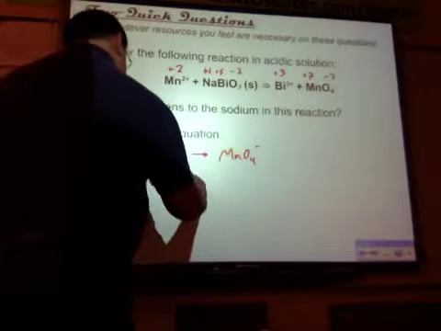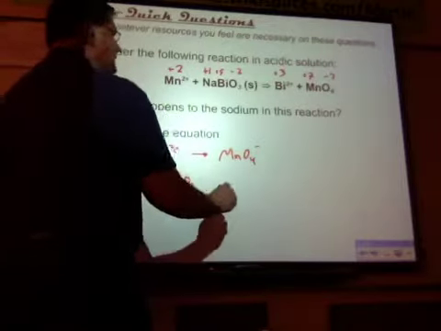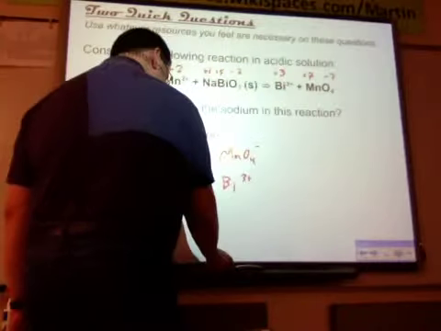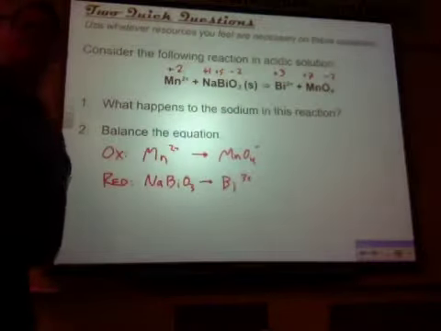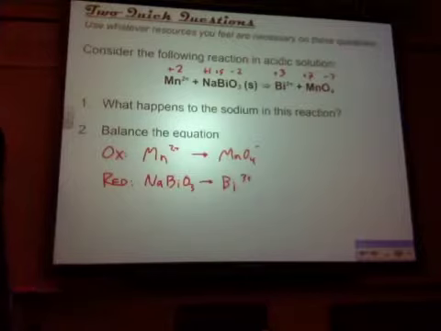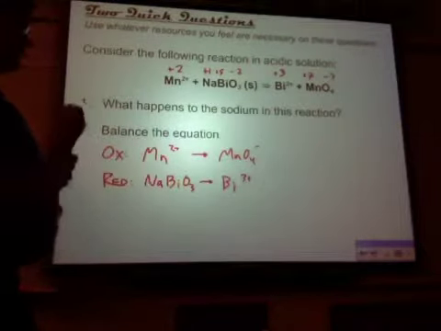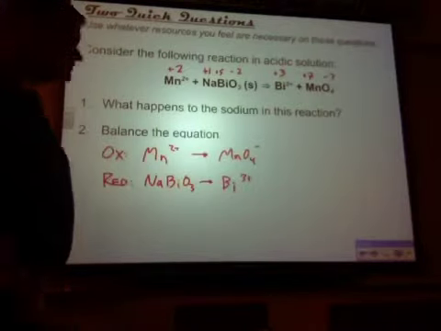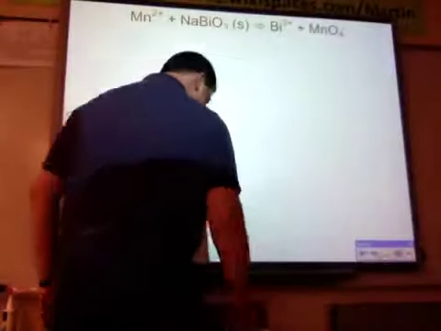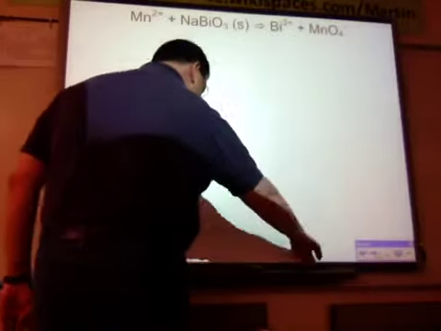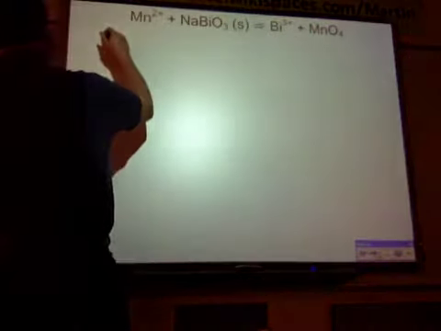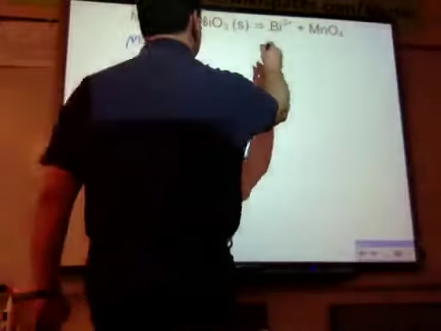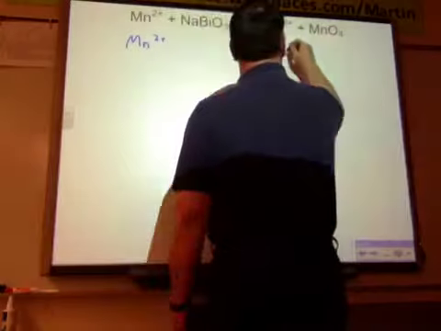Sodium bismuthate goes to bismuth 3 plus. Okay? All right. Those are our 2 half reactions. We can deal with either one of them first. Let's just deal with the permanganate first. So we have manganese 2 plus going to permanganate.